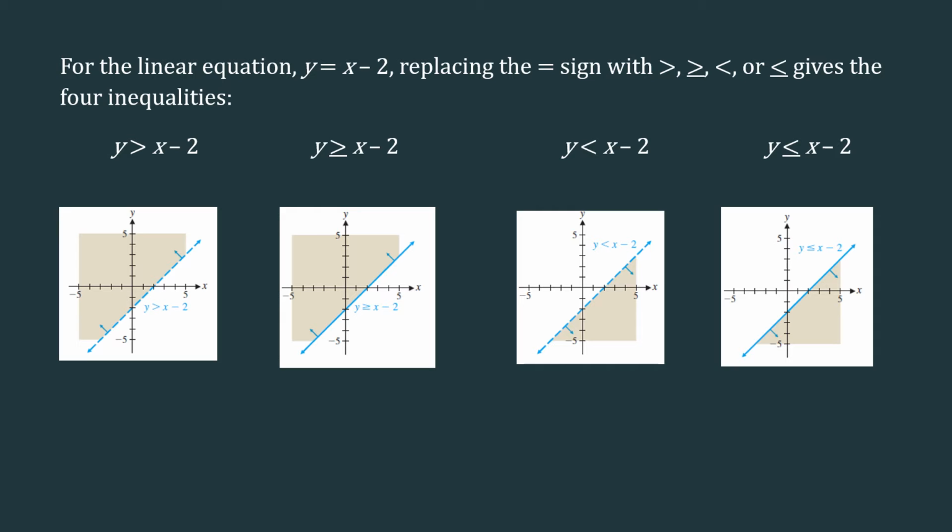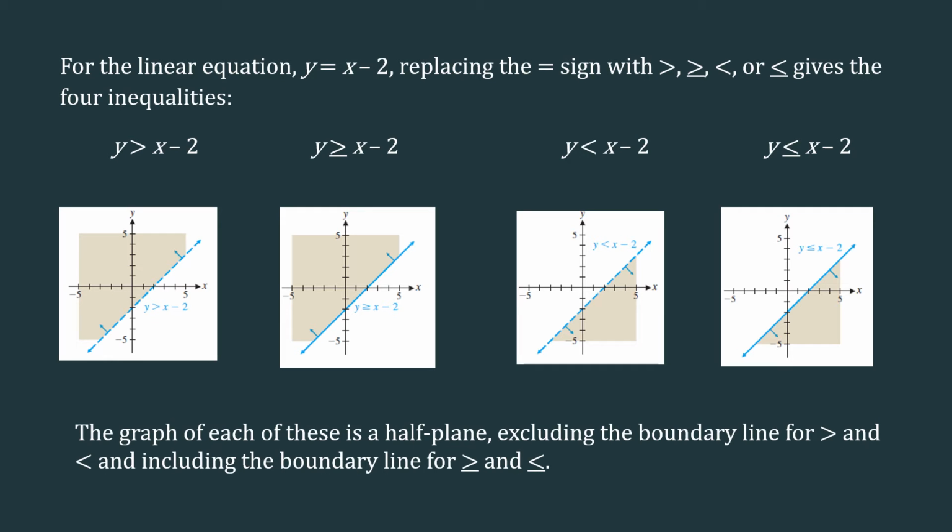When it is less than or equal to, you use a bold line. The graph of each of these is the upper half plane, excluding the boundary line for greater than or less than, including the boundary line for greater than or equal to, less than or equal to. When it includes, use bold lines. When it doesn't include, use dotted lines.